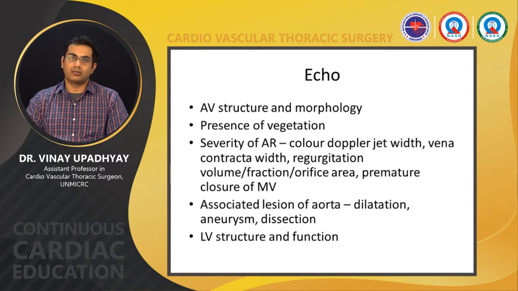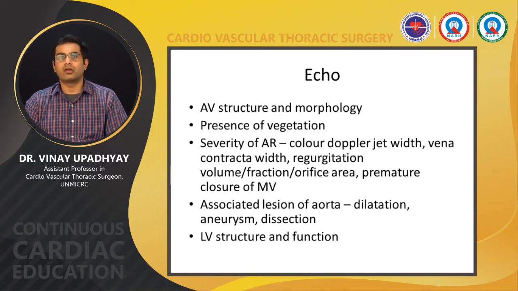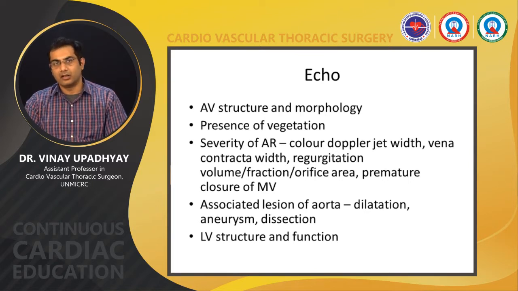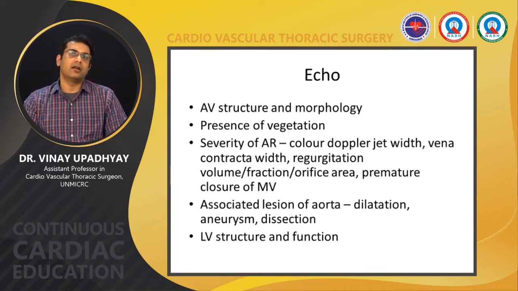We also look for premature closure of the mitral valve, which signifies severe AR. We also assess associated lesions of the aorta like dilatation, aneurysm, or dissection.